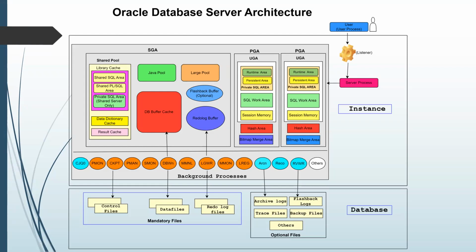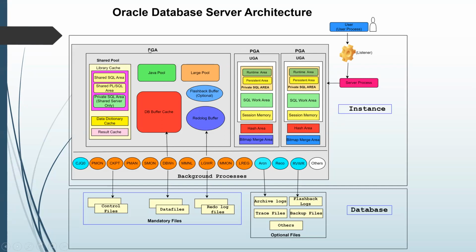So PGA will be for each session or process, we have different PGAs, but SGA will be shared among all the DB components. Exactly. For all the users, for all the sessions, there will be a common SGA. And this SGA and all the PGAs are present inside the instance, which is their memory component.